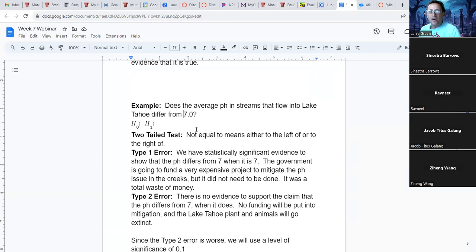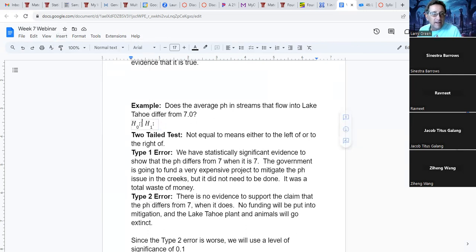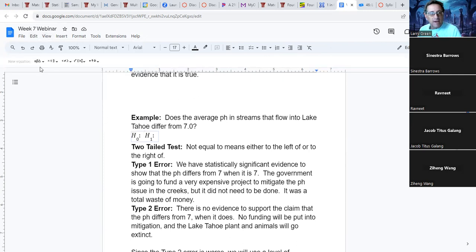Okay. And by the way, if it's acidic or basic, that's bad. So in this case, we probably want to do a two-tailed test. So first, H naught. When you look at the pH, it's a number like 7.3 or 5.9.